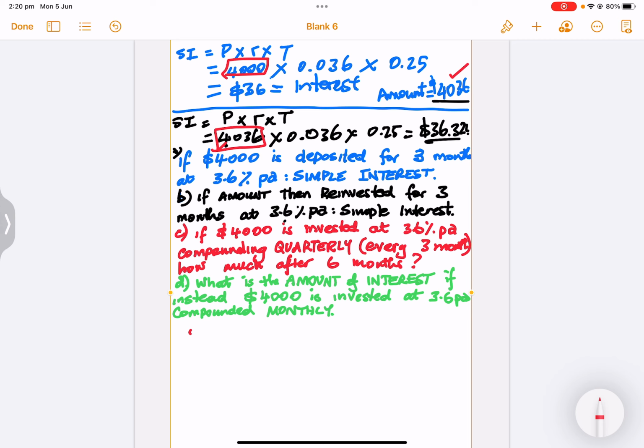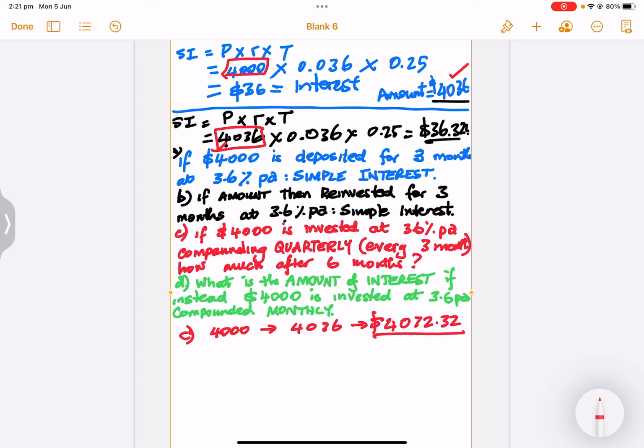So how much would you have after 6 months? You started with 4,000. It then became 4,036. And it then became, add another $36.32, so it became $4,072.32. So really, that's how much you end up with after 6 months.